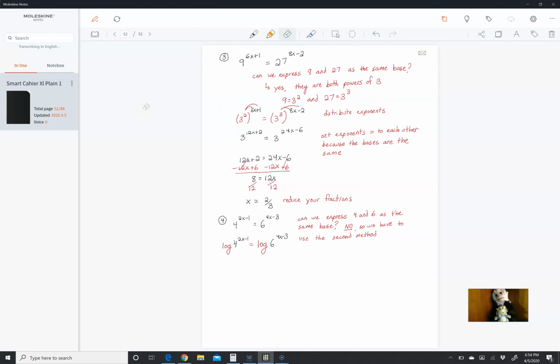So our first step is to take the log of both sides. Second step is going to be to move the exponents to the front. Remember to use parentheses.